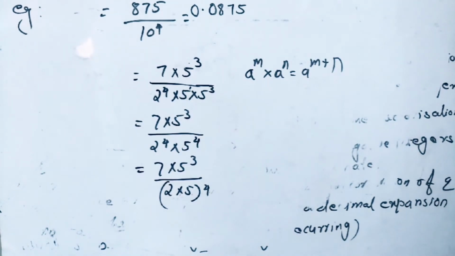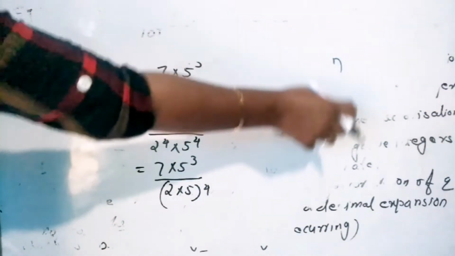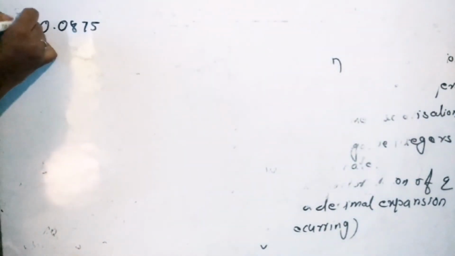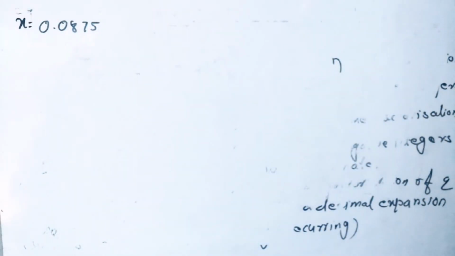So if one rational number is given in the form p by q, we can find out the decimal expansion. Suppose one decimal expansion is given, and you want to find out the p by q form, how can you do it? The same number I am going to do, 0.0875. So here x is equal to 0.0875.